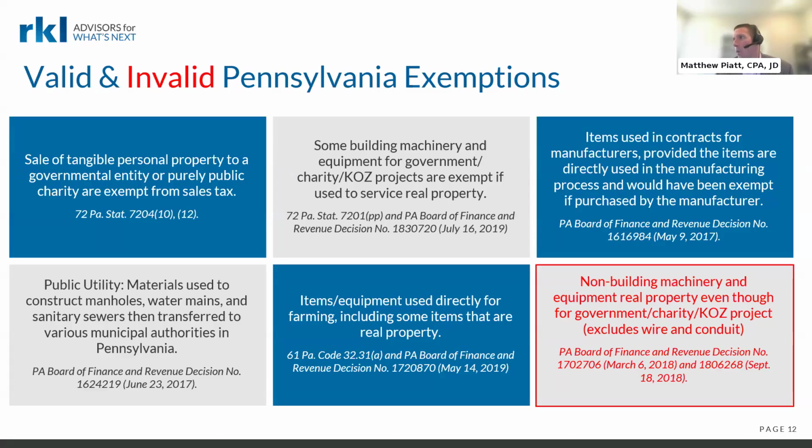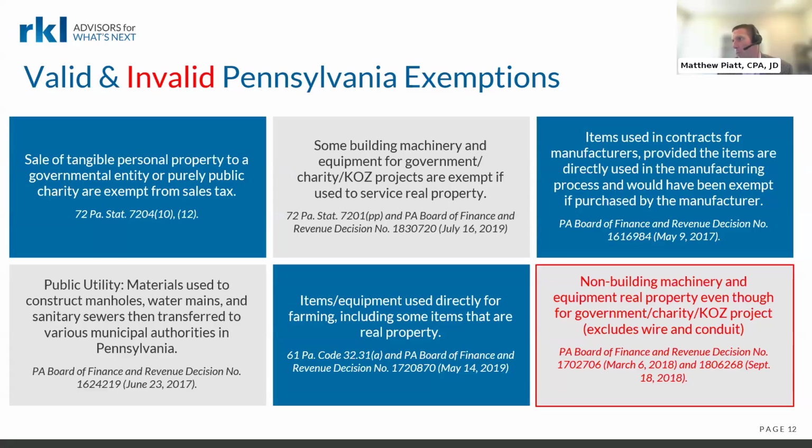Some building machinery and equipment for government, charity, or KOZ projects are exempt if used to service real property. That's a very defined term. And that building machinery and equipment exemption is not necessarily very intuitive. There are items that qualify that you would probably think wouldn't, and then there are items that you think should and don't. So definitely dig into that rule if that's applicable to you and you're involved in real property contracts with exempt entities.